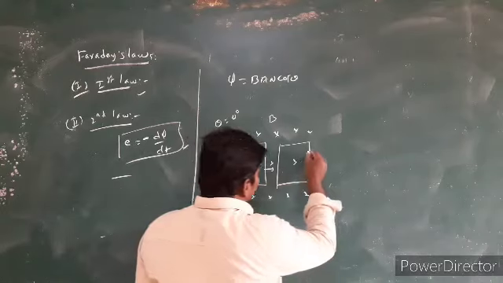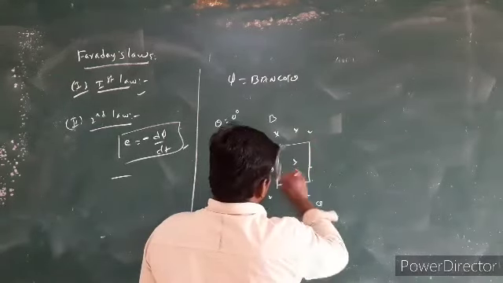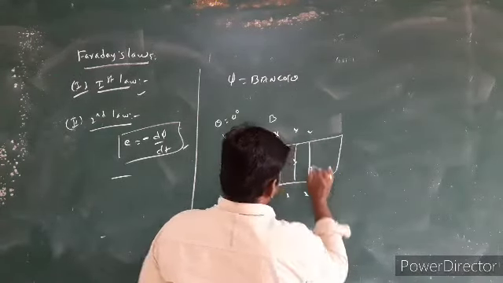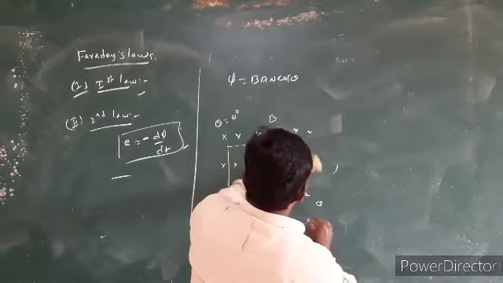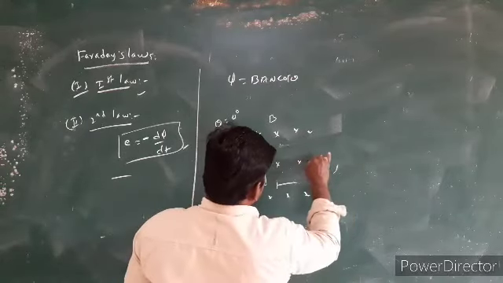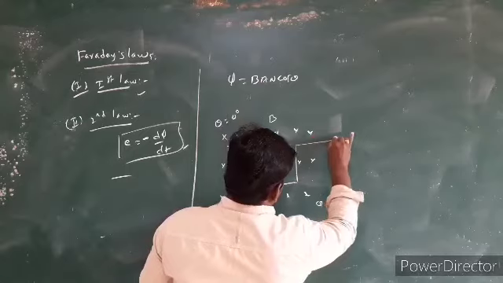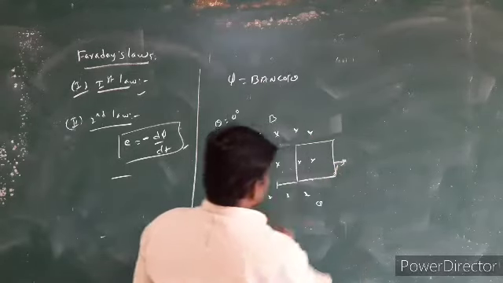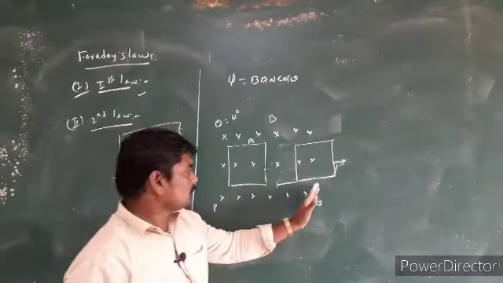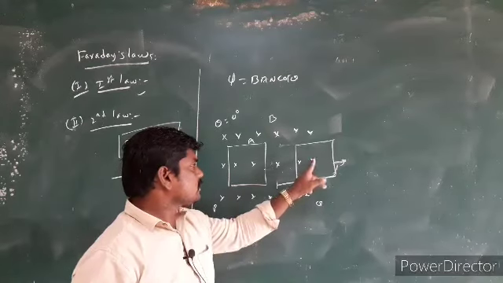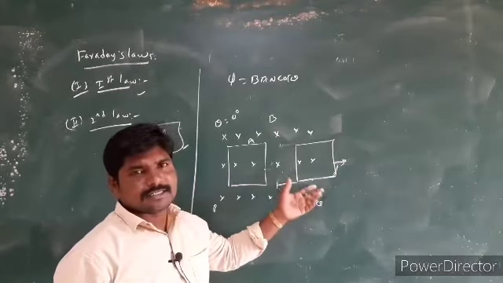But now listen. When this coil crosses the point Q, the magnetic flux linked with this coil decreases.